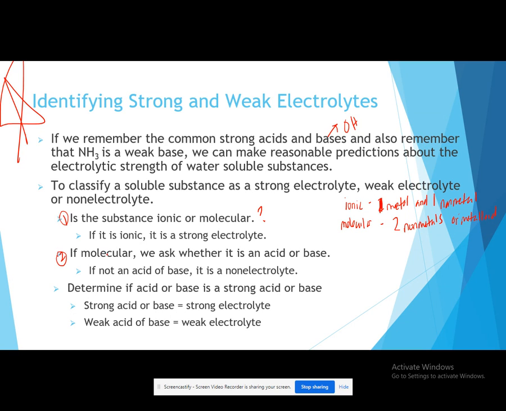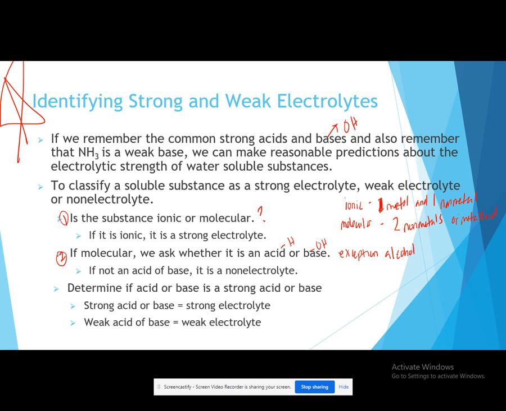So if molecular, we have to ask whether something's an acid or a base. You know it's an acid if it begins with H, and you know it's a base if it begins with OH. The exception is anything that is an alcohol.